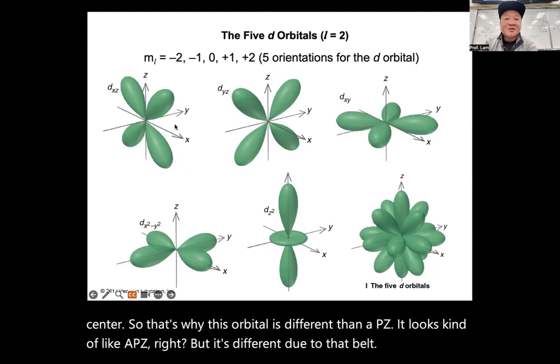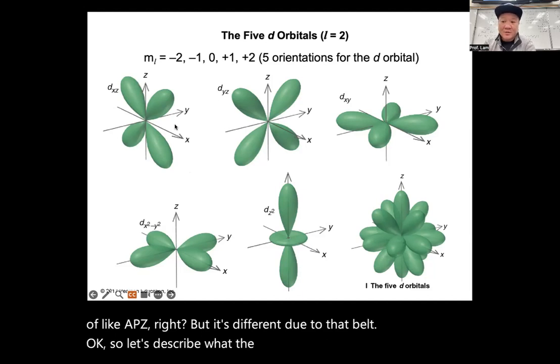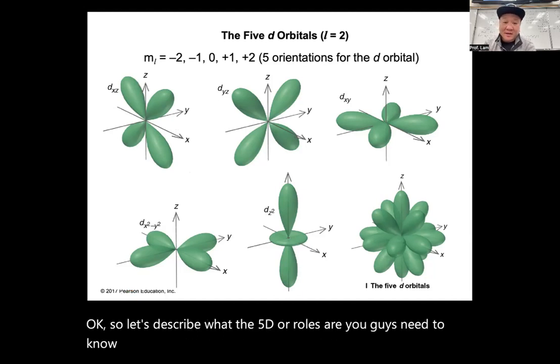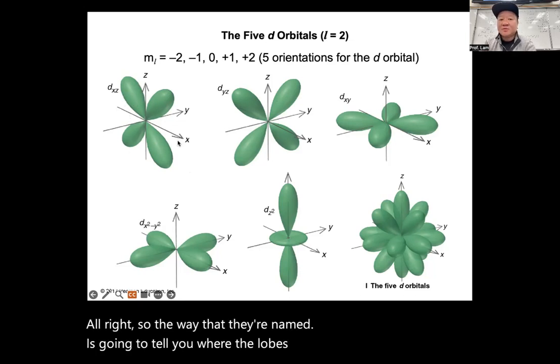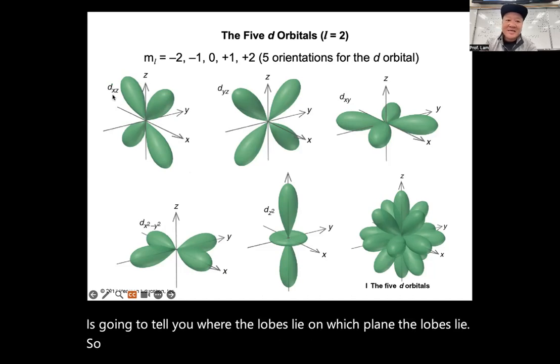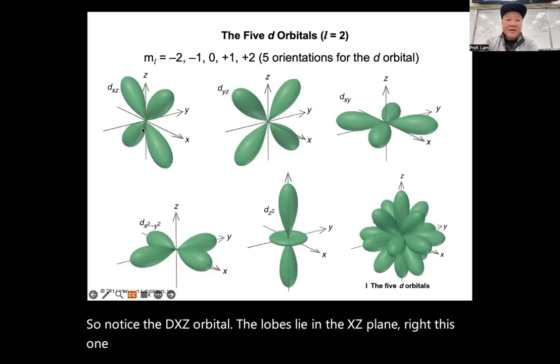Okay, so let's describe what the 5 d orbitals are. You guys need to know this, and this will be on quiz number 4. The way that they're named is going to tell you on which plane the lobes lie. So notice, the dxz orbital, the lobes lie in the xz plane, this one here.